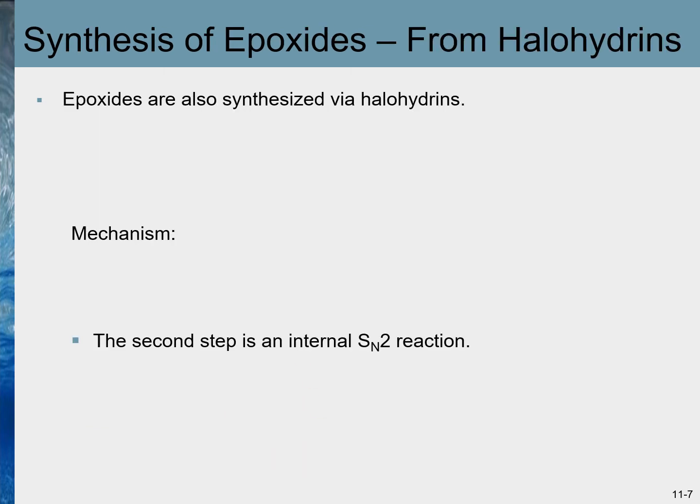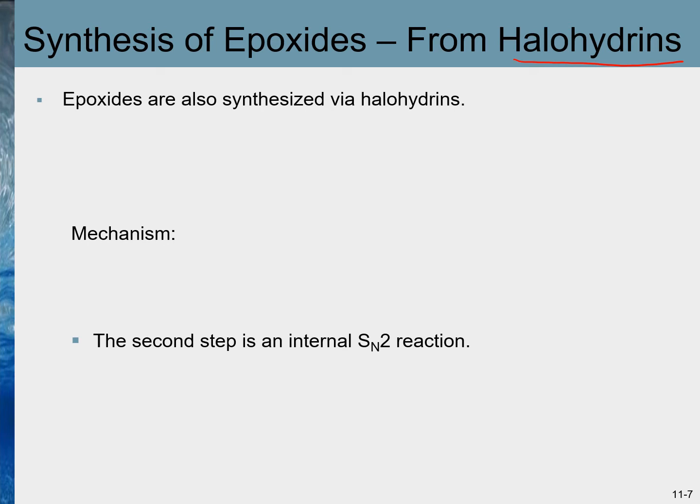Epoxides can also be synthesized from halohydrins. Halohydrins are compounds which contain halogen and hydroxyl group on adjacent carbons. We learned about halohydrins in alkene addition reactions. Halohydrins can be formed by reaction of halogen and water on alkenes.